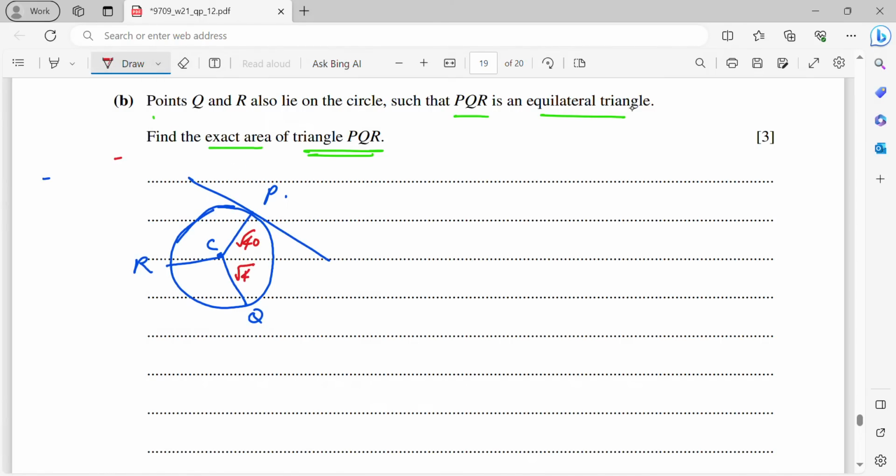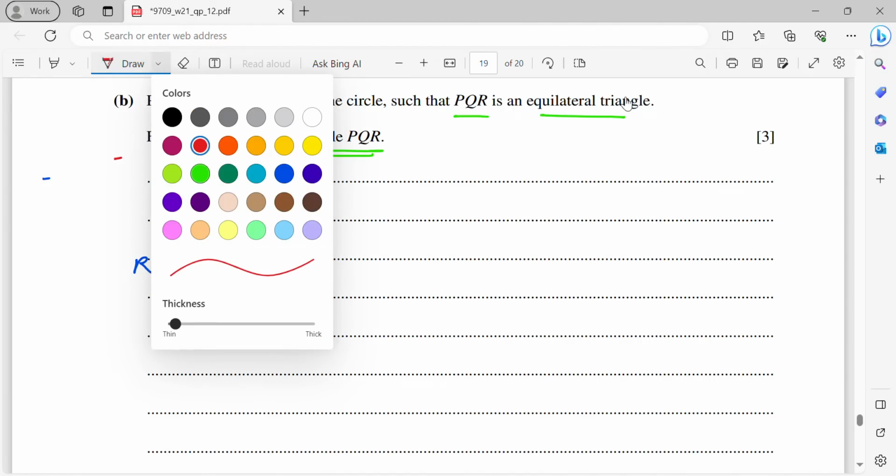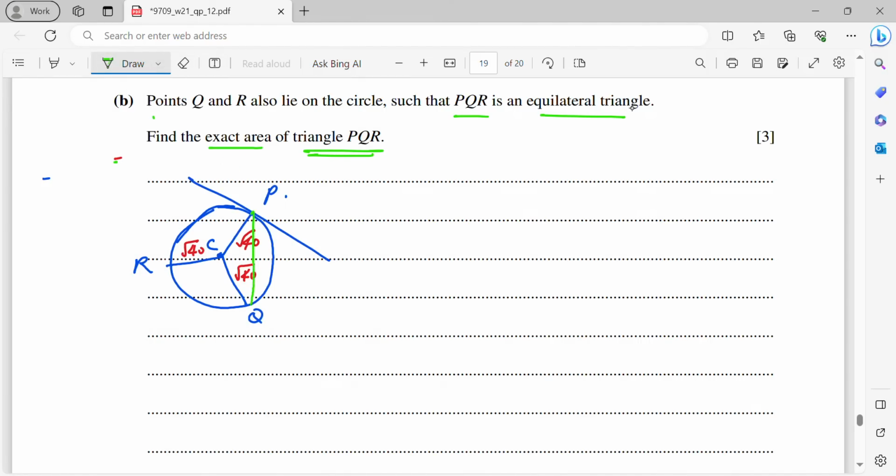Here, square root 40. Right, here also, square root 40. And then now, I will join all this to get the equilateral triangle. Since it is an equilateral triangle, that means this is going to be pi over 3. Here is pi over 3. This is pi over 3.